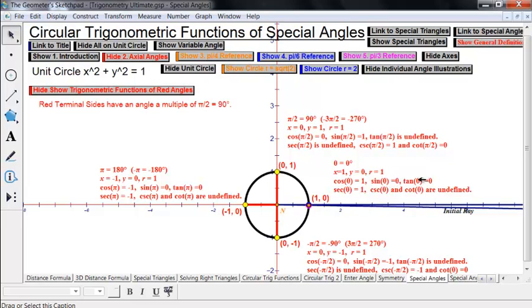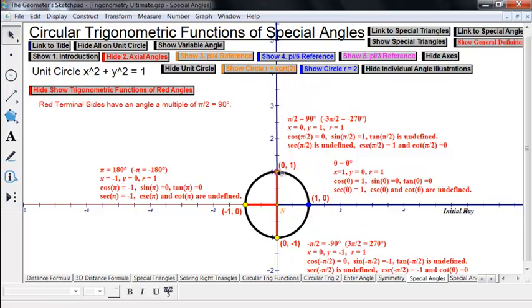Okay, so sine and tangent are 0 here. When it's pointing straight to the right or straight to the left, y is 0. So if it's on the x-axis in either direction, then notice that sine and tangent are both 0, and the cosecant and cotangent are undefined.